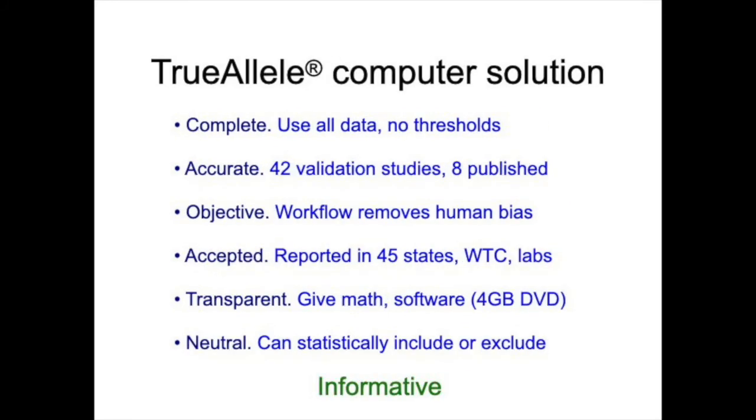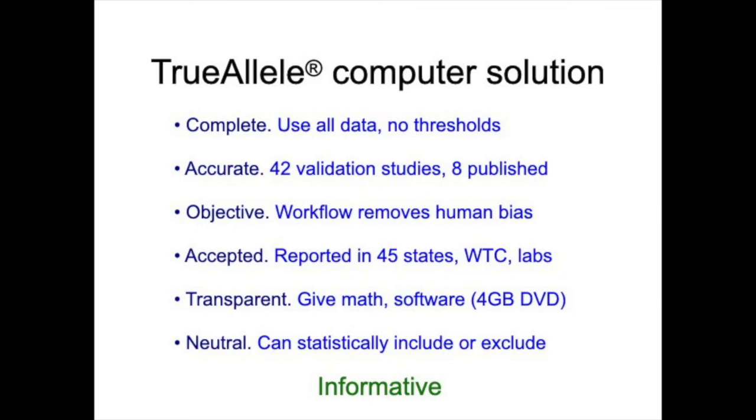So enter TrueAllele. TrueAllele is a method that I invented over 20 years ago. It's a computer solution. It's currently used by Department of Forensic Sciences in Virginia and in other states. The method's complete in the sense that it uses all the data. It doesn't have thresholds. It also considers, by statistical sampling, essentially all possible explanations of the data. It's accurate.